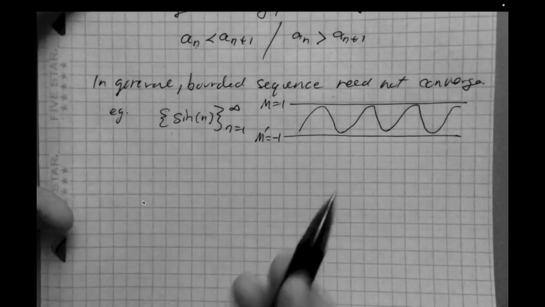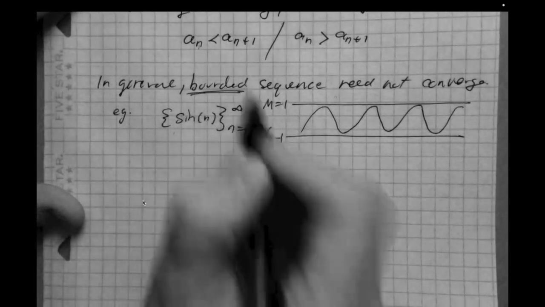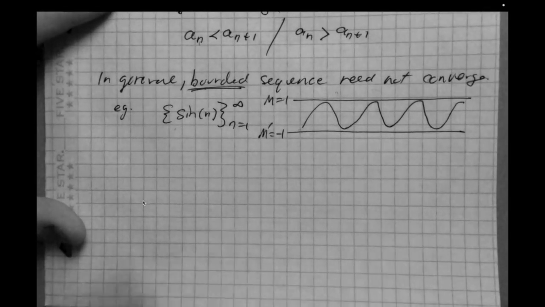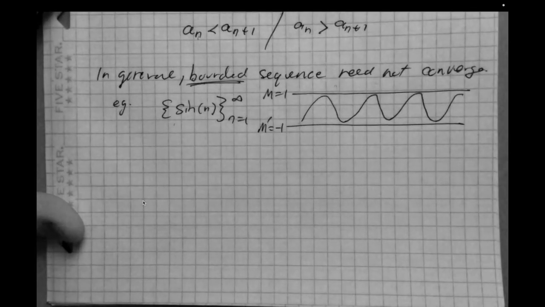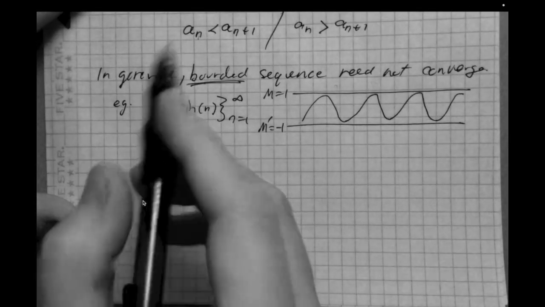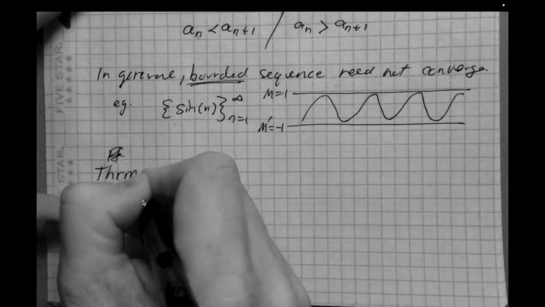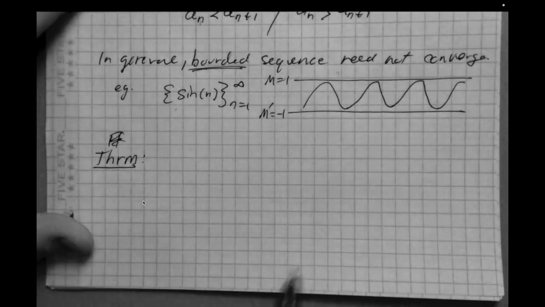When we combine the idea of a bounded sequence with a monotone sequence, we get, out of necessity, convergence. Let's just state the theorem.